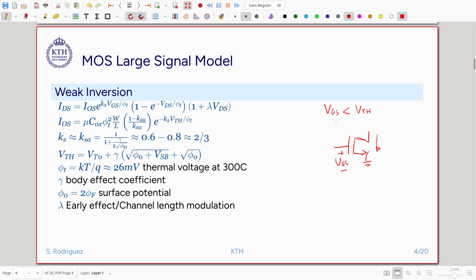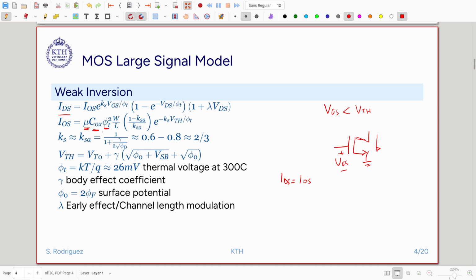And then we call it the weak inversion, and the equations that govern this region are the following ones. So we have that the drain current in most transistors in weak inversion, okay, so we can call it IDS, is equal to IOS, and IOS depends on the mobility, depends on the oxide capacitance.